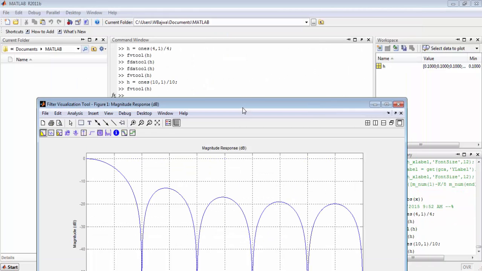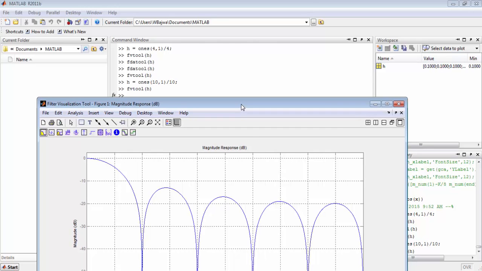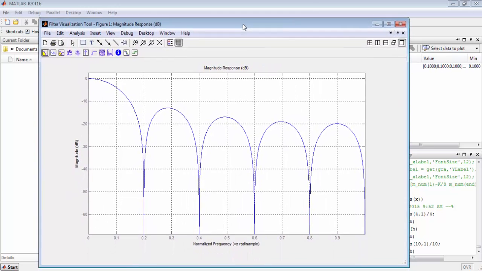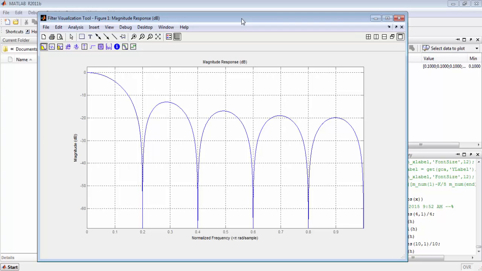So here is another example of a moving average filter, now with M equal to 10, right? And again, the same effect will take place, that you will have now nine zeros, and the zeros will be separate. You will still have the cancellation, so you will have no zero at little omega equal to 0.